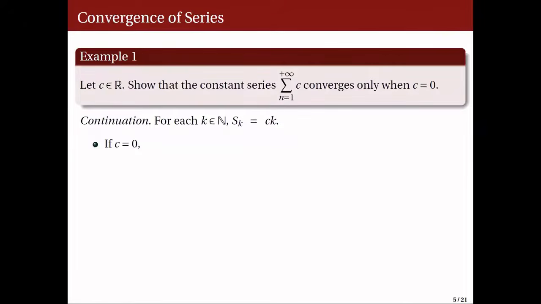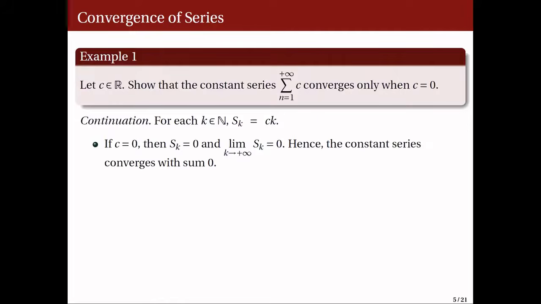In this case, if C is equal to 0, we have S sub k equal to 0, and the limit of S sub k as k goes to infinity is equal to 0. Hence, the constant series converges with sum equal to 0.